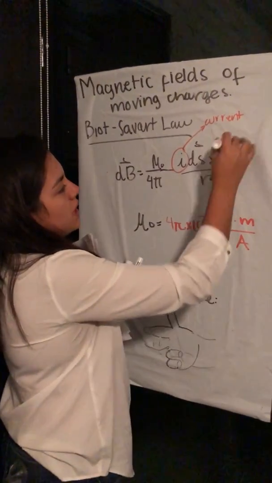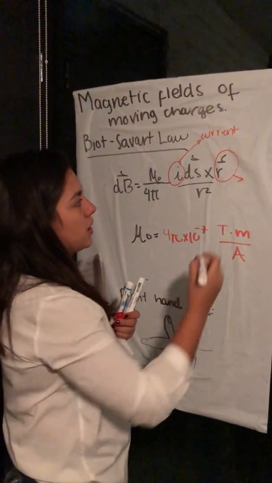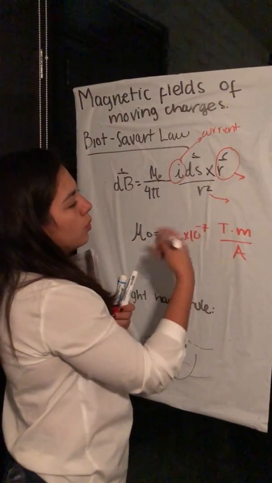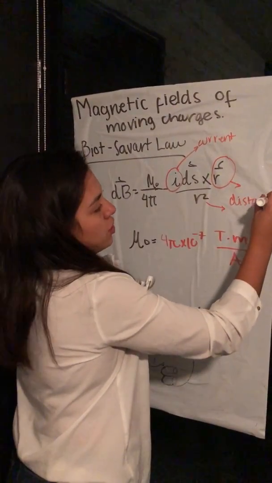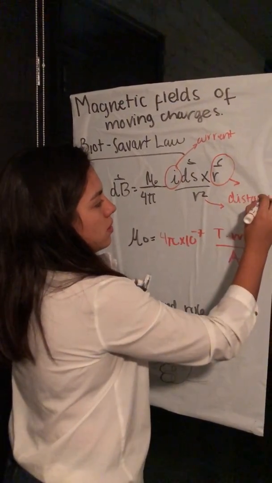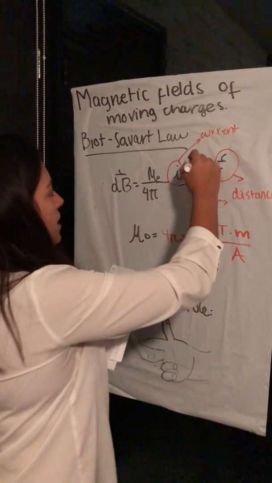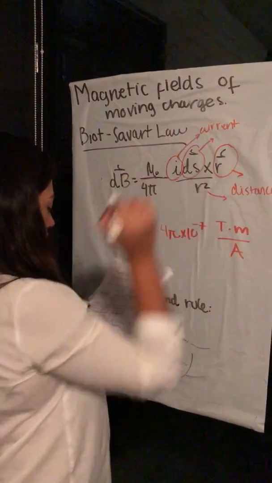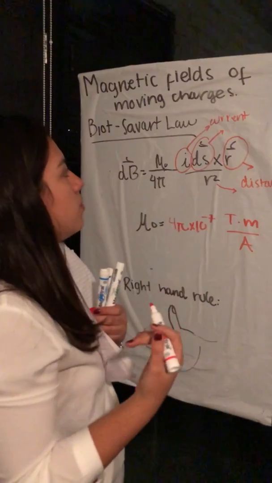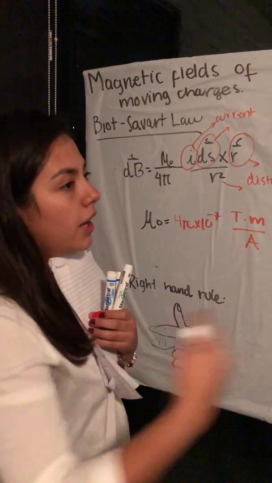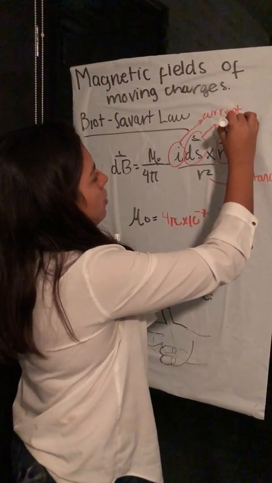We have the distance vector from where we're gonna measure our magnetic field, and the value of it, that would be the distance, the ratio, please, distance, and ds, that is the differential length vector that would tell us how much length our wire has. So the differential vector.